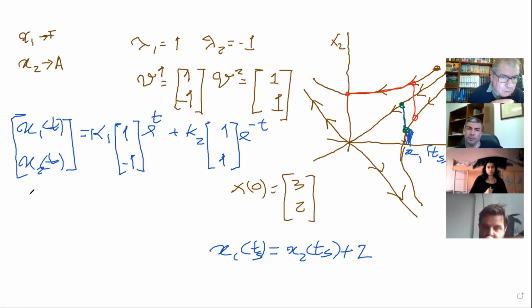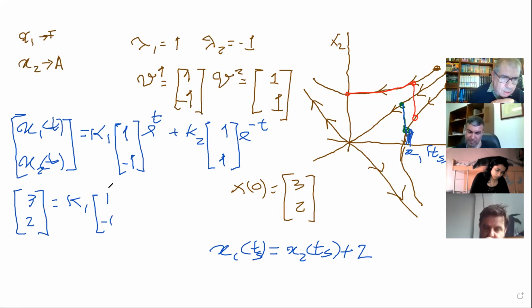So (3, 2) equals k1 (1, -1) plus k2 (1, 1).